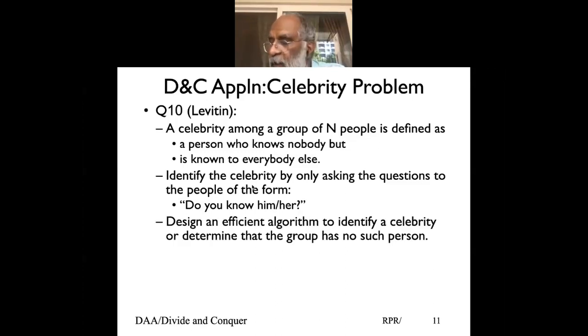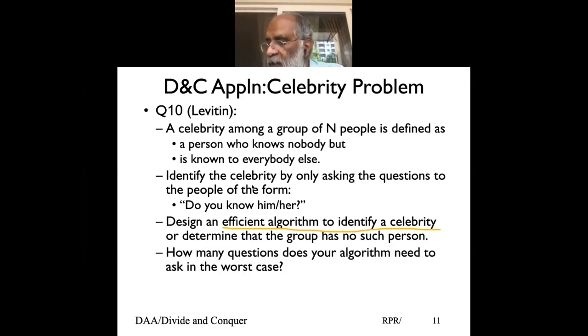So we need to design an efficient algorithm to find the celebrity by asking this type of question, and how do we approach this problem? Let's look at what the different solutions are. The efficiency of the algorithm depends upon how many questions we ask. The fewer questions we ask, the better the algorithm is.